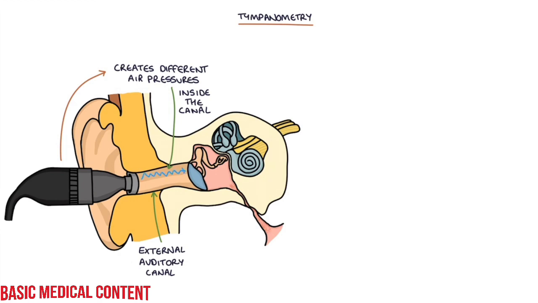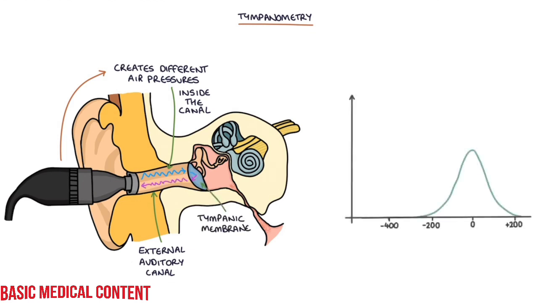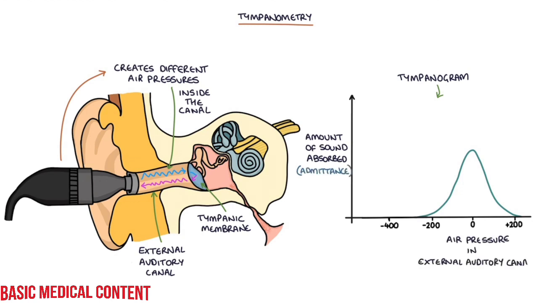The amount of sound that's reflected back off the tympanic membrane is measured and plotted on a tympanogram, which is a graph of the amount of sound that's absorbed, referred to as admittance, at different air pressures in the external auditory canal. The amount of sound absorbed by the tympanic membrane and the middle ear, which is not reflected back to the device, is known as admittance.